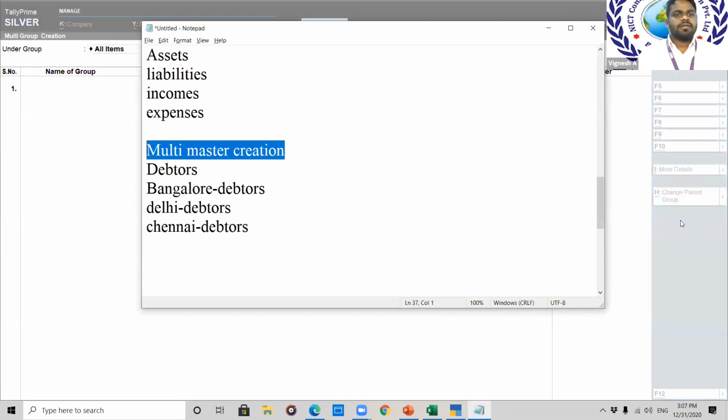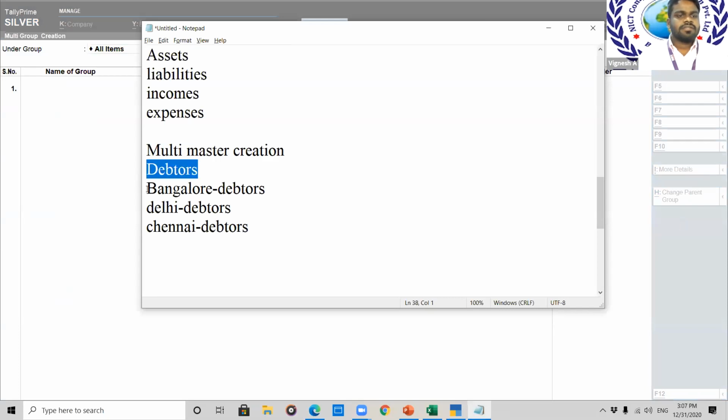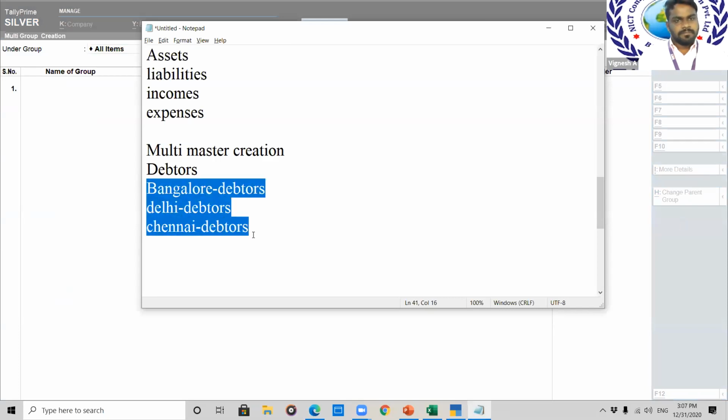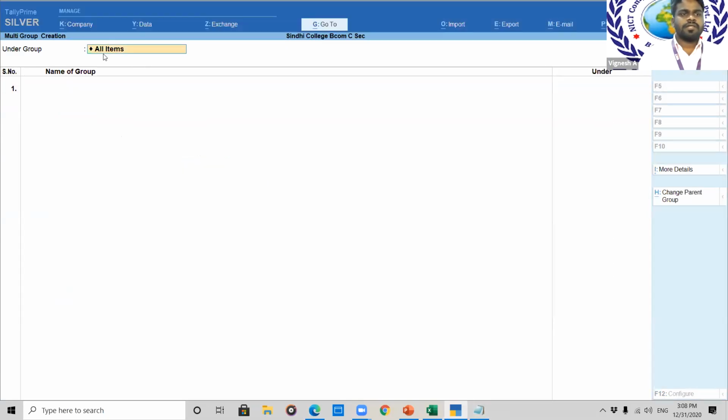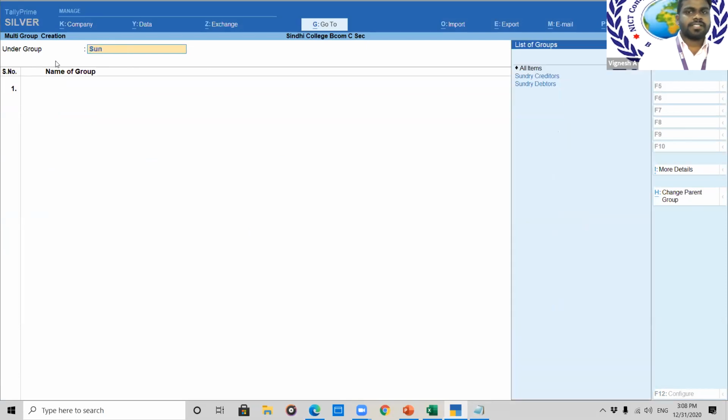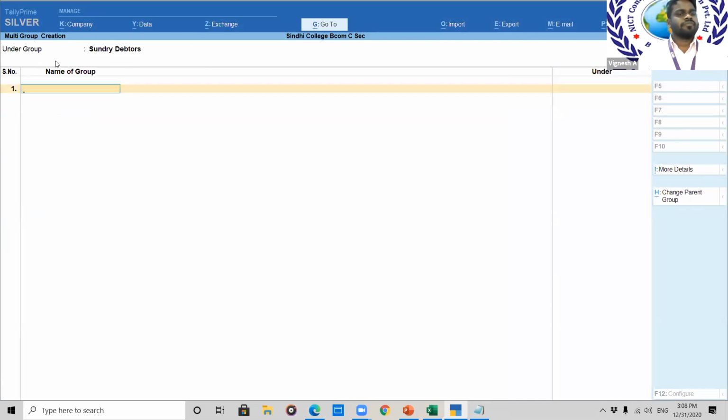So we know that under sundry debtors, I have three debtor groups to be maintained. You can see on the top, I have to choose sundry debtors as the group. Now I can put my multiple groups.